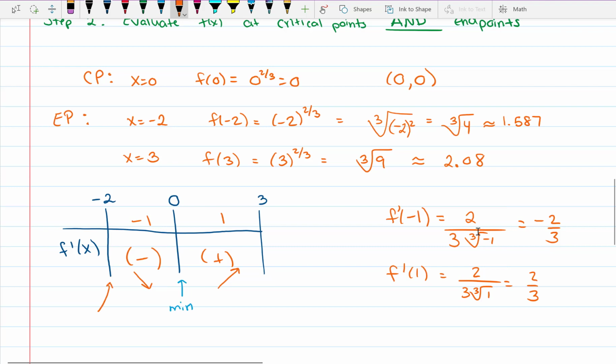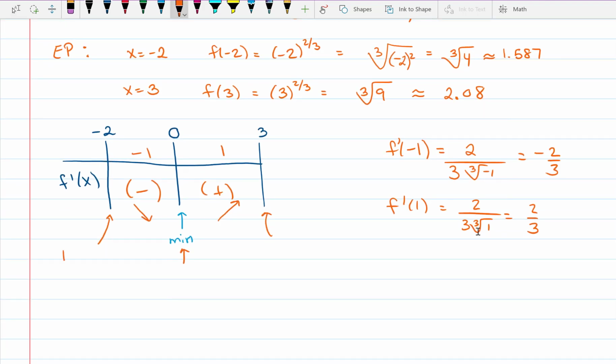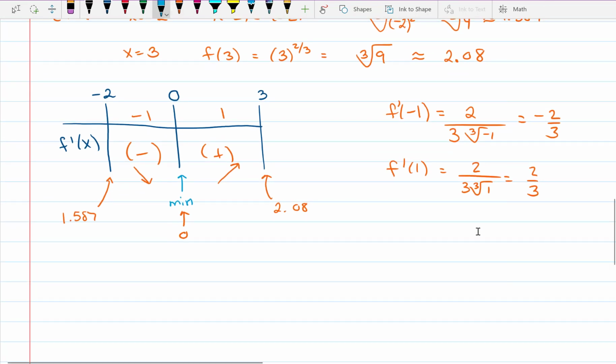Now let's just evaluate all these points with f of x, and this was 1.587, 0, and 2.08. So therefore, this is a min, and this is a max. So this is how I write our answer.